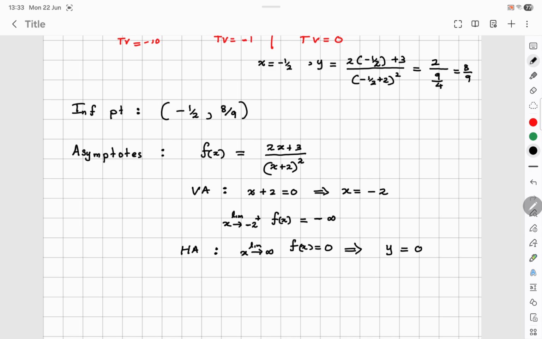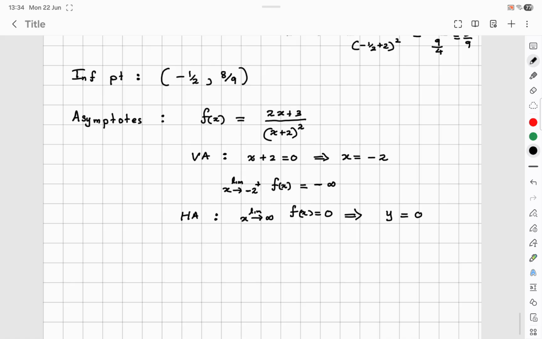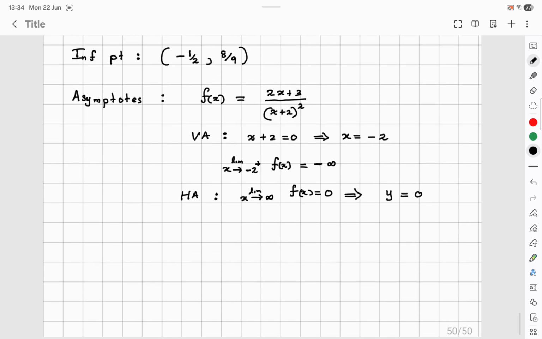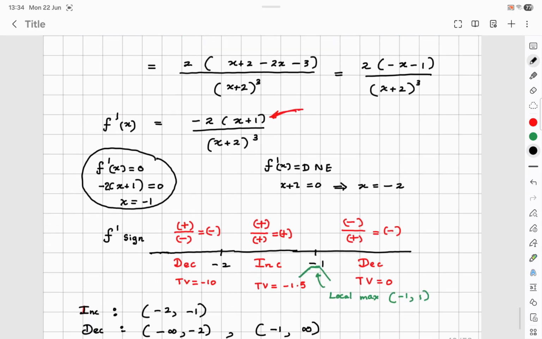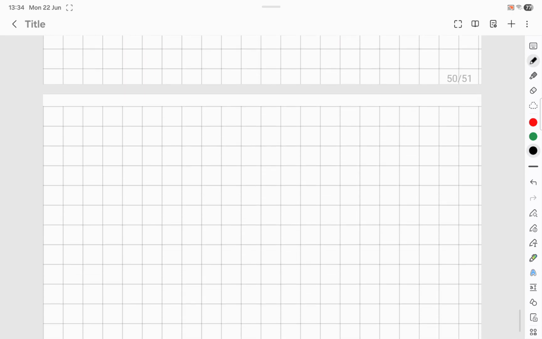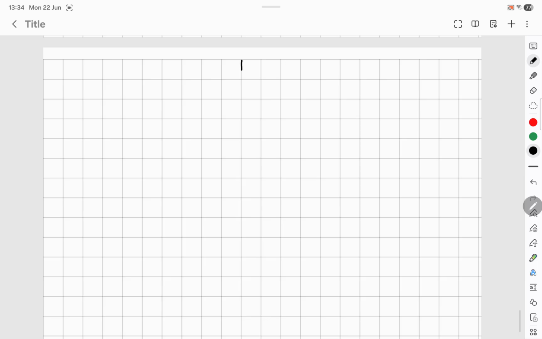When x goes to infinity or negative infinity, you get f(x) equals 0. So horizontal asymptote is y equals 0. Vertical asymptote is x equals minus 2. Okay, right. Now, using all the things we found, we can draw the graph. When you are drawing this type of graph, first mark the asymptotes.